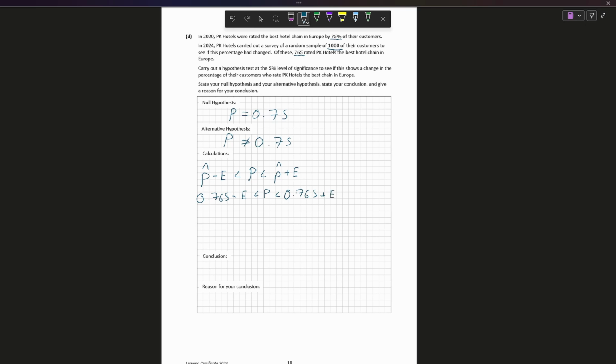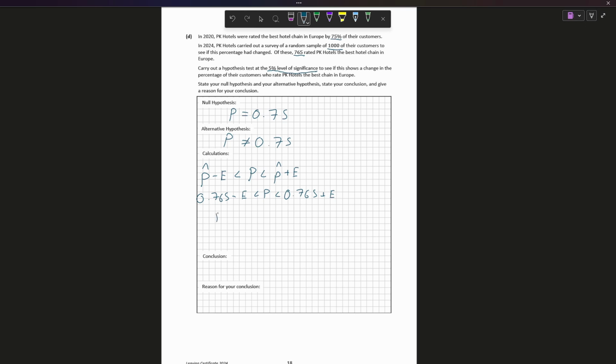Now, what is the error? Technically you can do the error as anything you want, but we need to be specifically 95% confident, because it says 5% level of significance, and what's 100 minus 5? 95. So there you go.